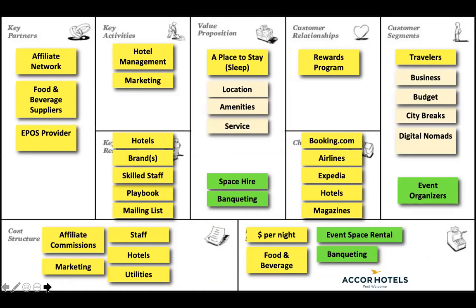So we're going to try to target different kinds of segments as well, potentially some that may have better margins, so we can sell them the same kind of asset at a higher cost. And we're also going to play on the value proposition, therefore, because in order to satisfy some of these new customer segments, we probably need to offer other services. So one of the first things we can add is business travelers as a specific segment that we can charge more to for the same thing.